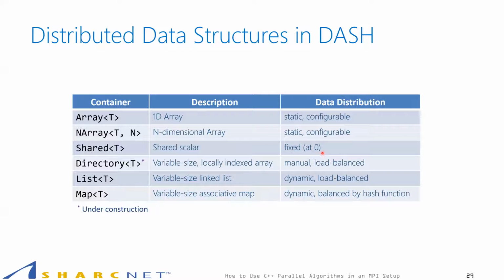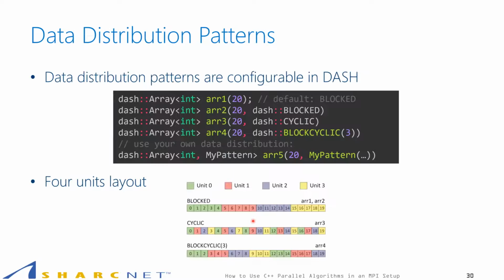So those that are shared between all units are going to be put in unit 0. There are also list and map, and directory is under development. Maybe it will be available in the next version of Dash.